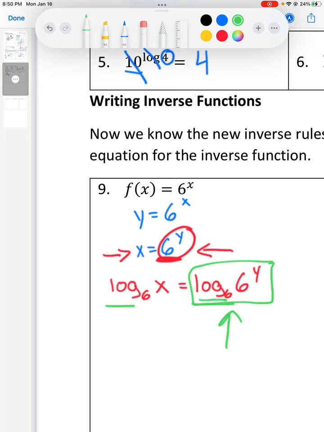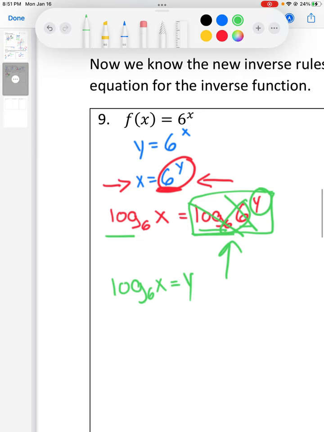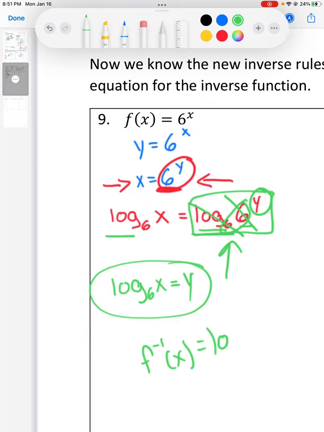Well, a logarithm and an exponent are inverses. The bases are the same, so they cancel out, and I'm left with a y. So we have log base 6 of x equals y. Okay, so this is our inverse function. So f of negative 1 of x equals log base 6 of x.